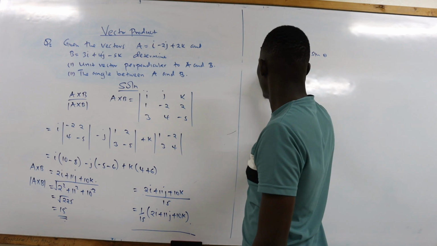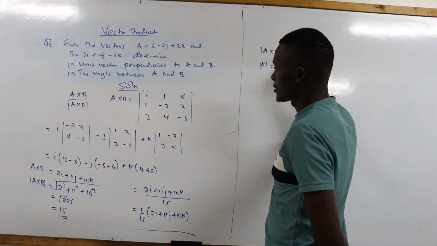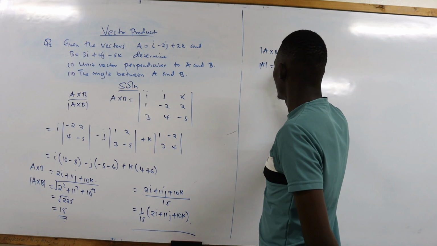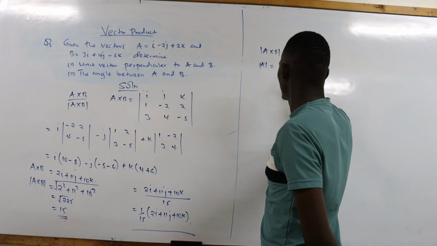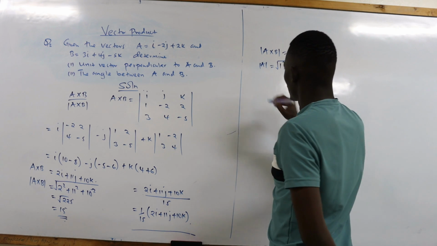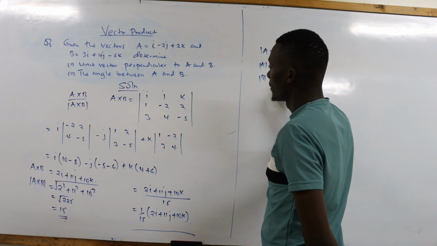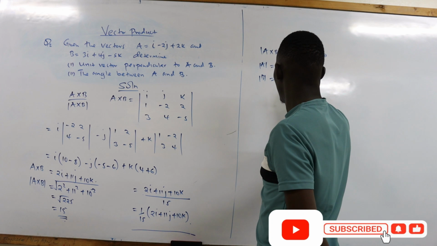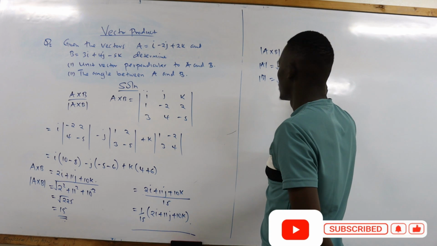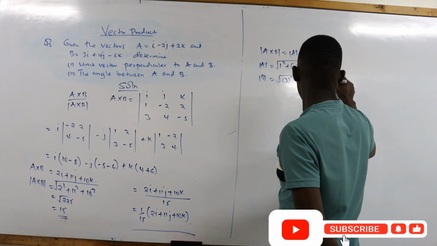A absolute, which will be given by the square root of 1 squared plus negative 2 squared plus 2 squared, then B magnitude given by 3 squared plus 4 squared plus negative 5 squared, right?